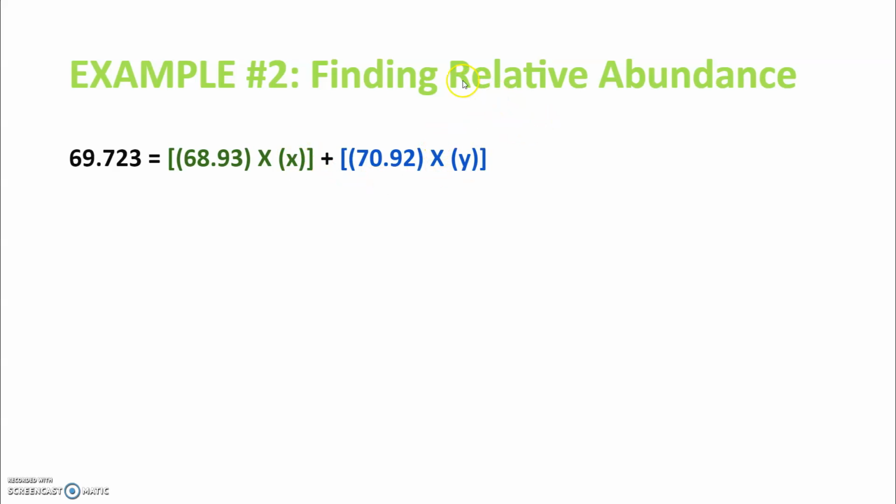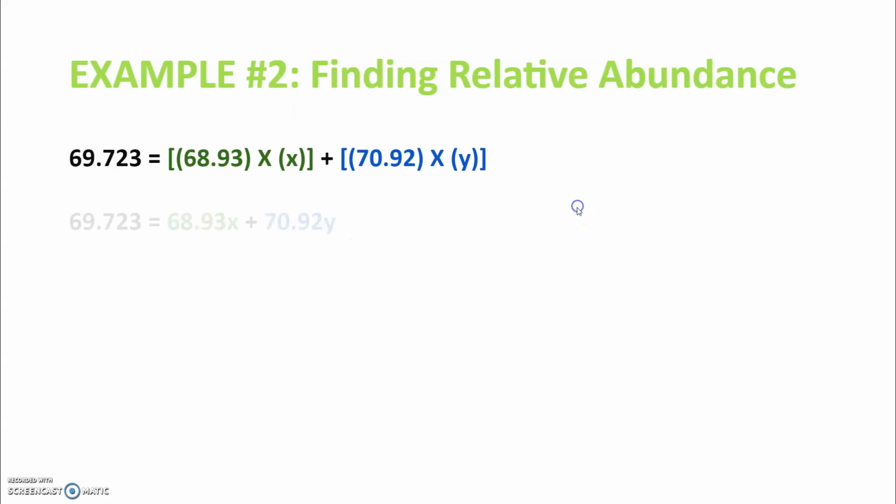It could be 50-50, but it's probably not. That's why we have to use two separate variables, because it's very unlikely that the percent abundance of both isotopes will be exactly the same.